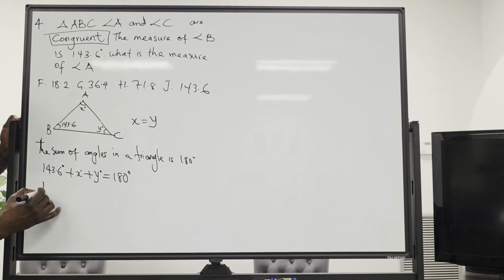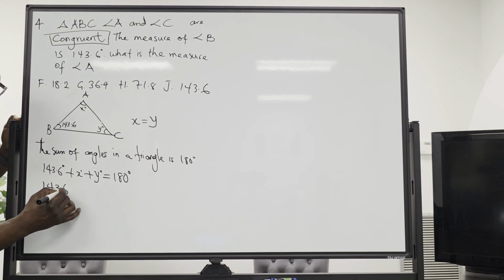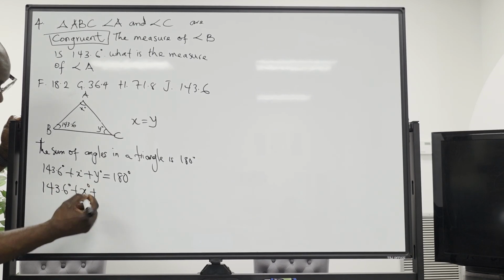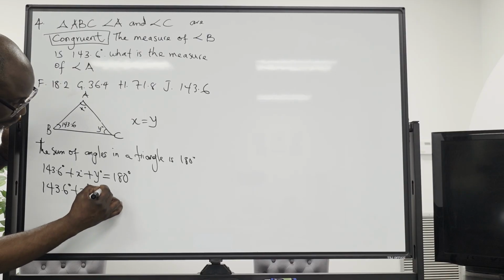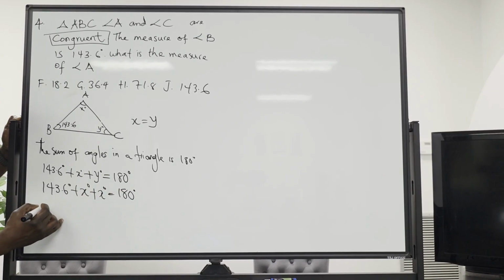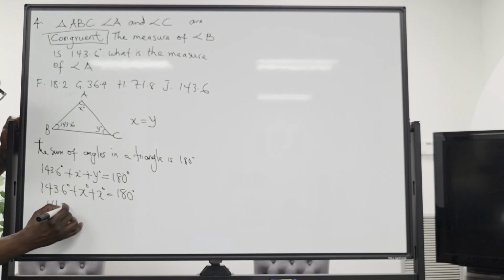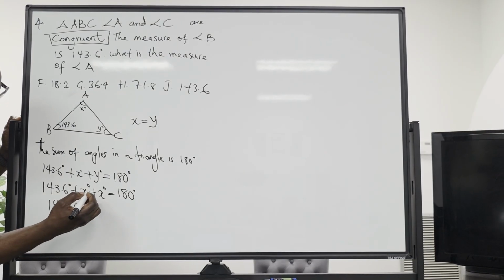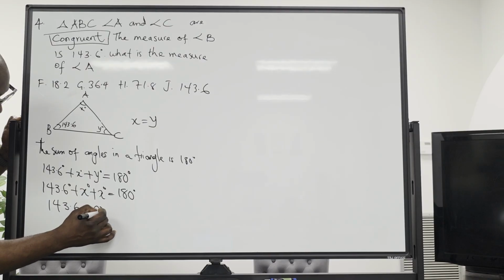So 143.6 degrees plus X degrees, I can put, instead of Y, I can put X in there also, since they're the same thing. It's equal to 180. So now we have 143.6 plus x plus x is 2x.